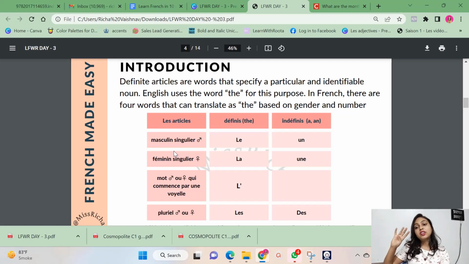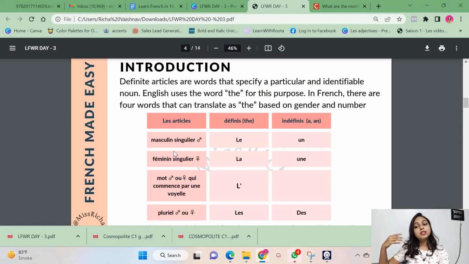All right. So whether it is articles, pronouns, adjectives, interrogative adjectives, demonstrative adjectives that we will cover in the videos in the future, whatever you see, you will always see 4 forms: masculine singular, feminine singular, masculine plural, feminine plural.